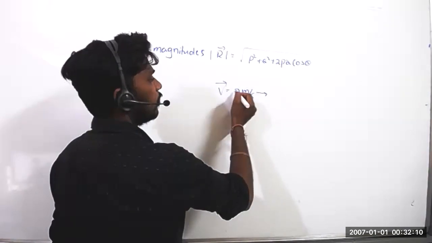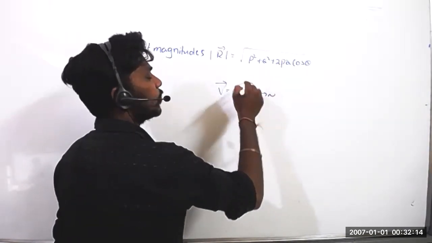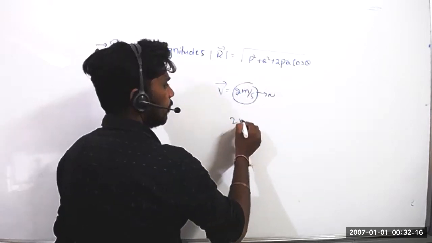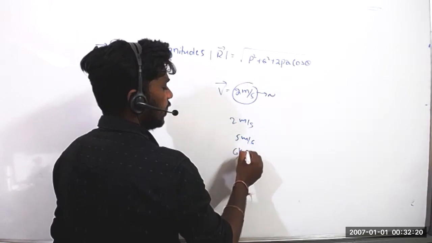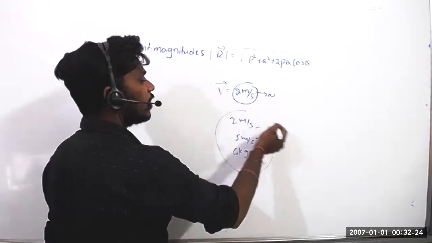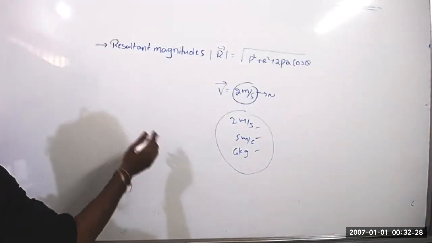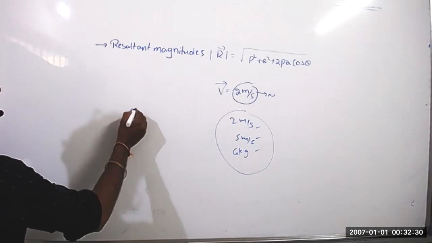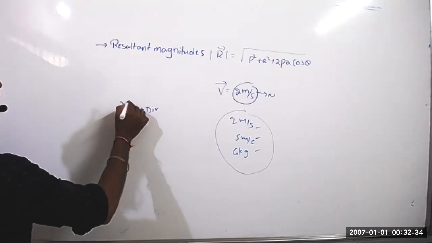So for 2 meter per second north, 2 meter per second is the magnitude. 2 meter per second, 5 meter per second, 6 kg: there is no direction to these numbers. These are called magnitudes. A physical quantity which has both magnitude and direction is called a vector, right?